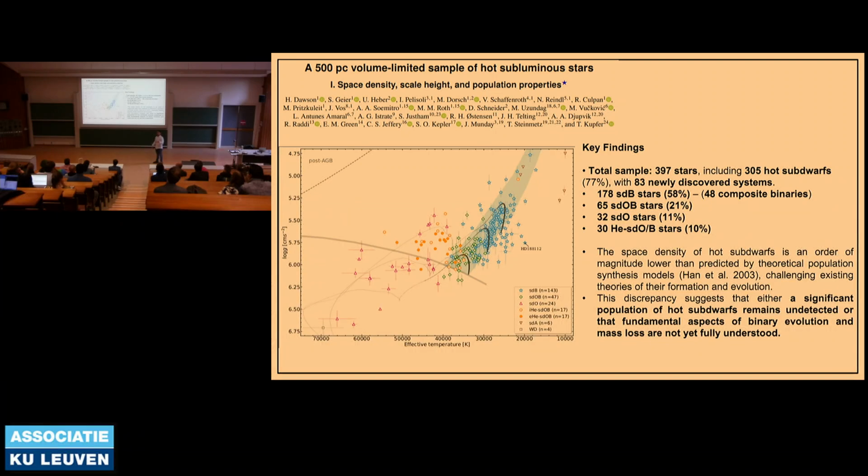Or when you build a spectral energy distribution, you see infrared excess, for example in the case of an F-type main sequence companion. Another insight from the spectrum is Zeeman splitting, which indicates a strong magnetic field, and we have just two or three objects. So sdBs are mostly magnetically poor objects.